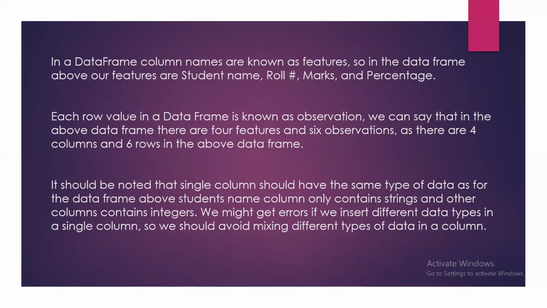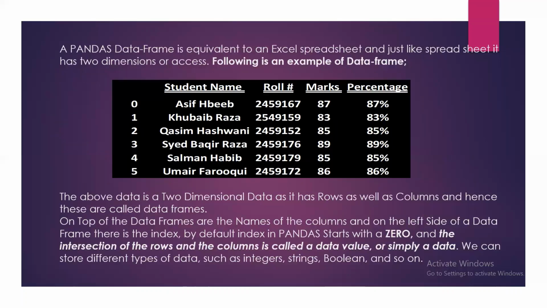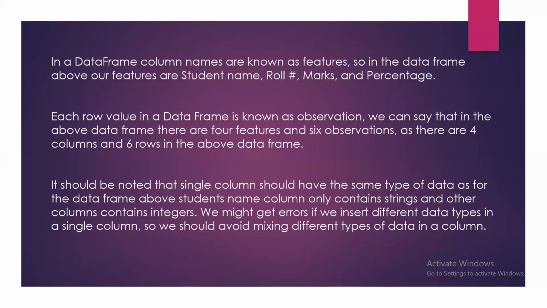Here we can see that the column names are representing the characteristics of the data which will be contained in the data. Therefore, we can say that in a data frame, the names of the columns basically reflect the features of the data which will be contained in that respective column.